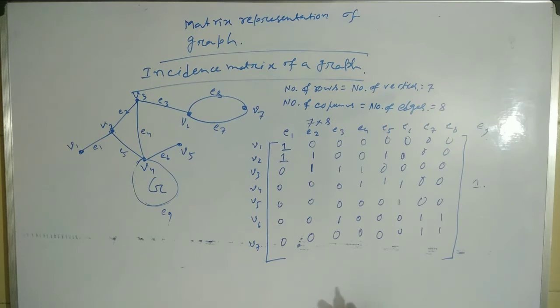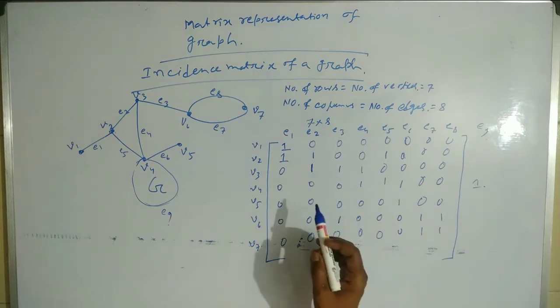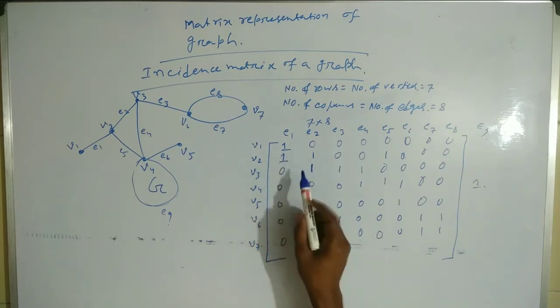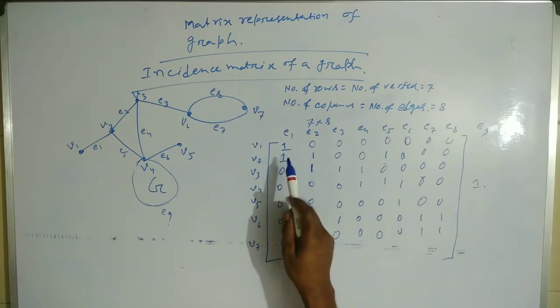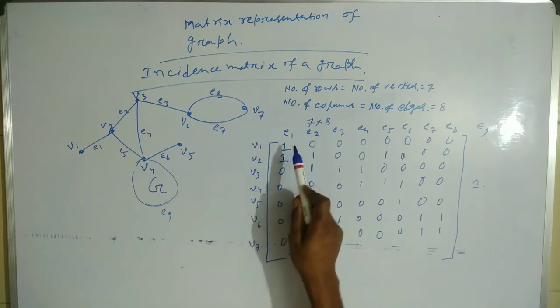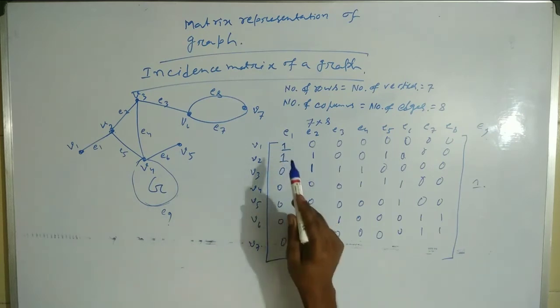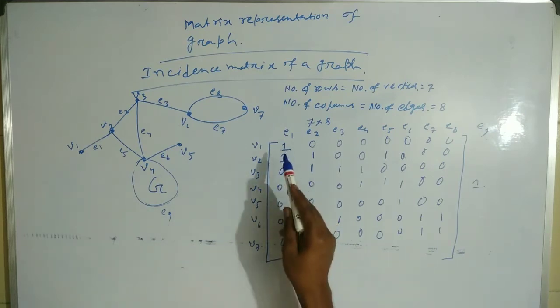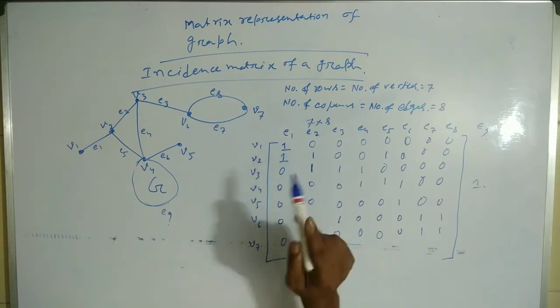Next, if you count the number of ones in every row, you will get the degree of the corresponding vertex. Suppose we consider the first row. In the first row there is only one single one, so the degree of the vertex should be 1.